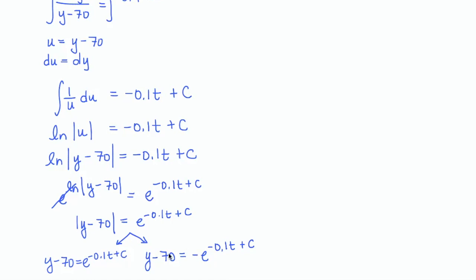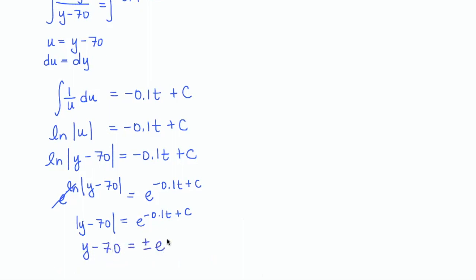Now, normally we branch the two equations separately like that, but I can write it as just one equation and put the plus or minus in front of that right-hand side. So my equation becomes y minus 70 equals plus or minus e to the negative 0.1 t plus c.